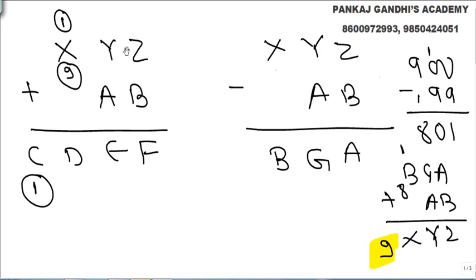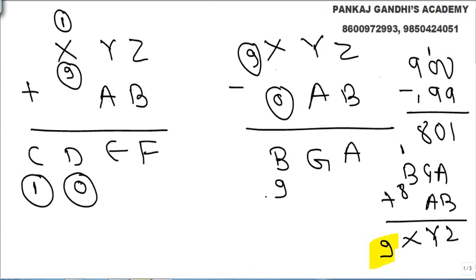Now I need a carry forward, it can only be 1. The only way we can get this is if this is 9. There is carry forward 1 from here. Y plus A is more than or equal to 10. Now if X is 9, we have just seen, this is 0.